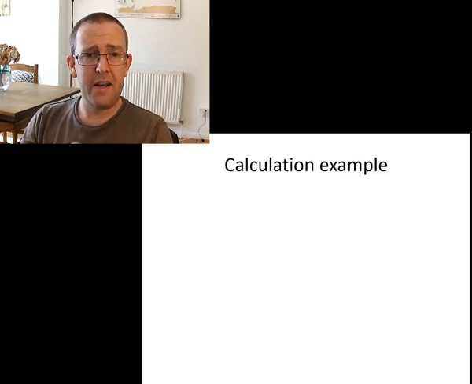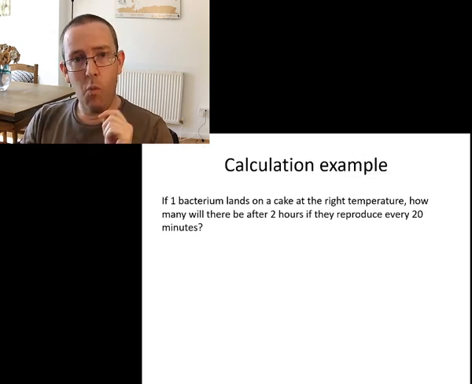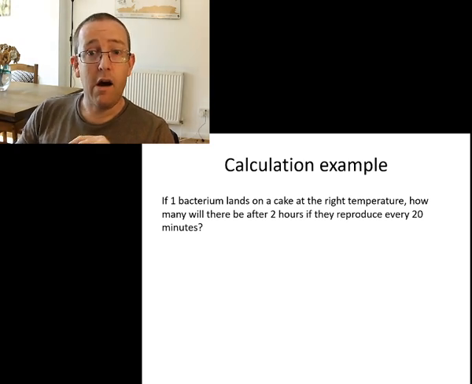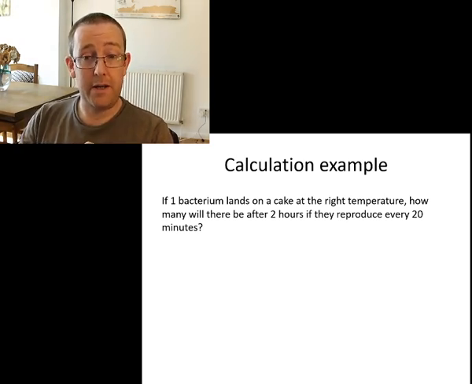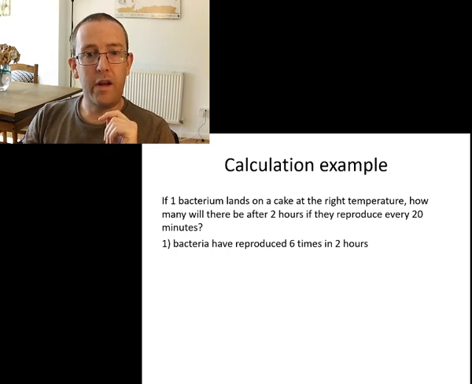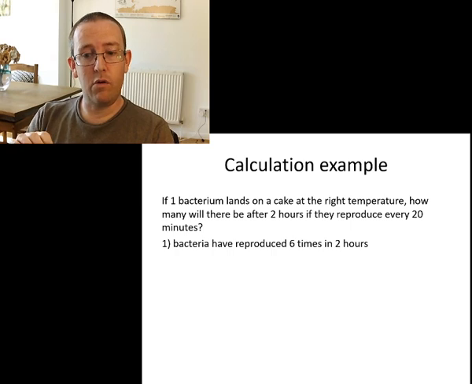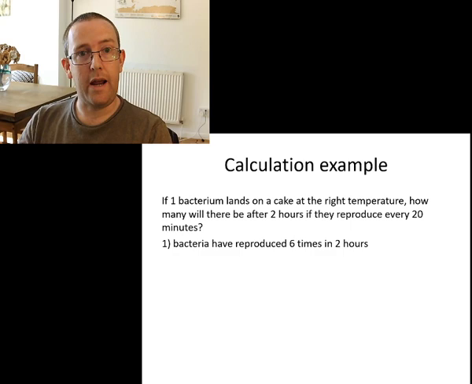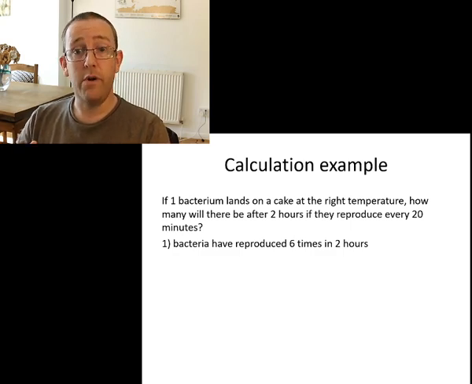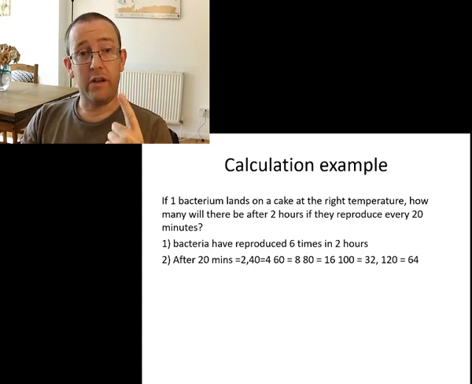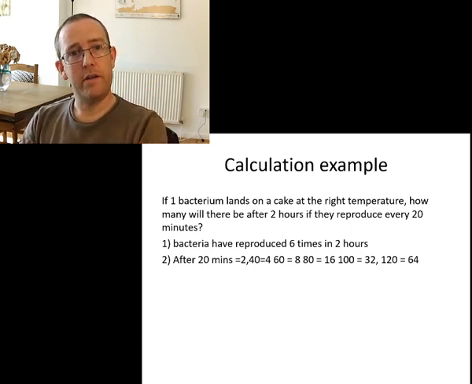So here's an example to make that clearer. If one single bacterium landed on a cake that you might be eating at the right temperature, how many will there be after 2 hours if they reproduce every 20 minutes? Okay, so in 2 hours they would have reproduced 6 times, because you've got 3 lots of 20 minutes in every hour. 2 hours, that's 6 multiplications. So the number of divisions they've been through is 6. You started with 1, so that's 1 times 2 to the power 6.